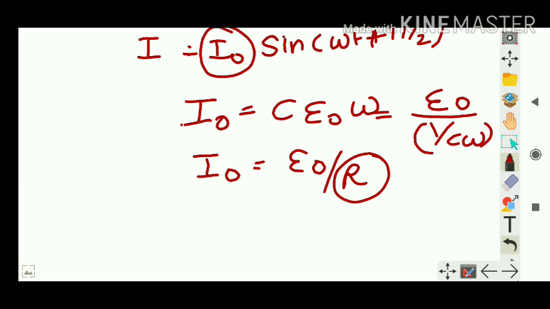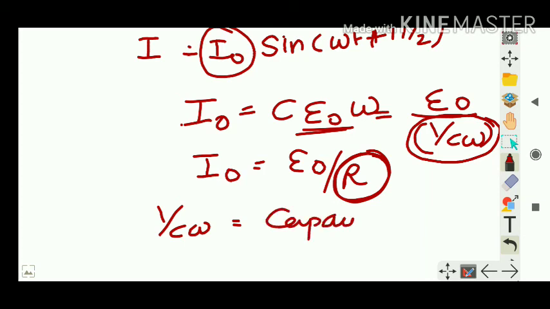I can write it because C omega goes up, so this term itself is generated. So this is R. So in place of resistance I am having a term called 1 by C omega. So this 1 by C omega is the resistance which is offered by a capacitor, hence it is known as capacitive reactance, right? And it is represented by XC, and the SI unit is the same as before, it is ohm. Clear? I hope this much is clear.